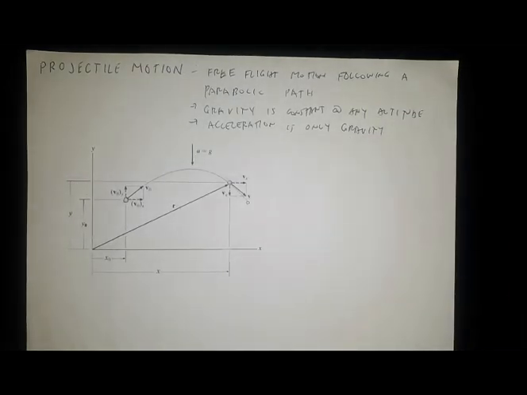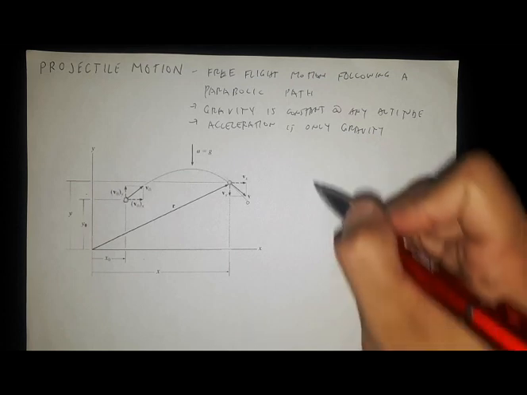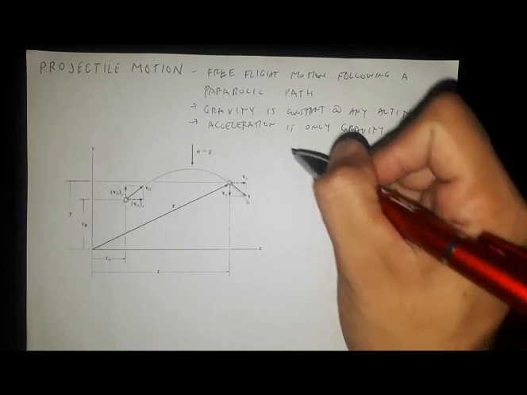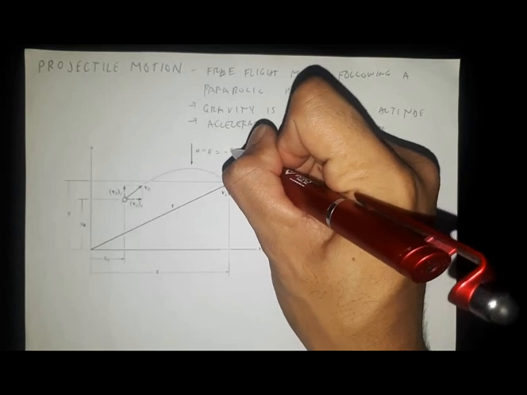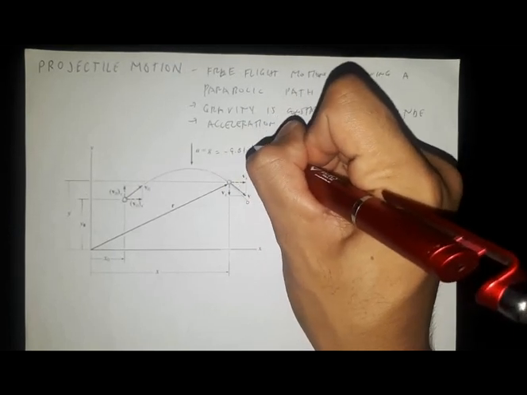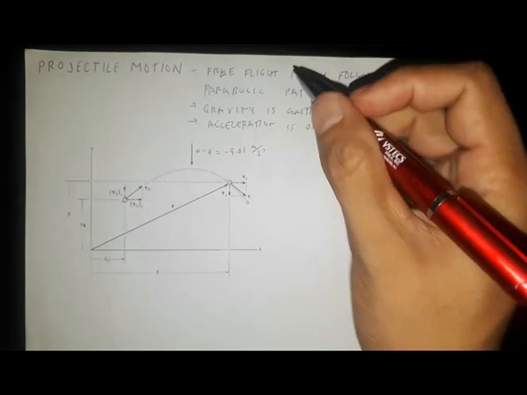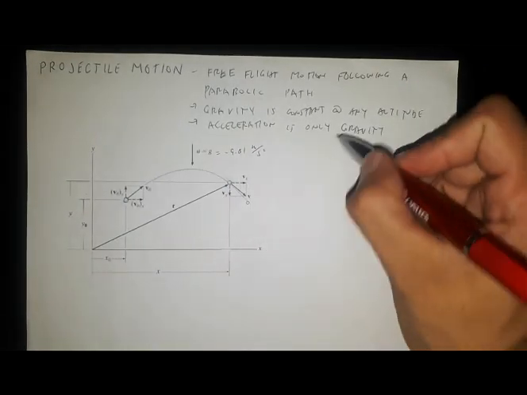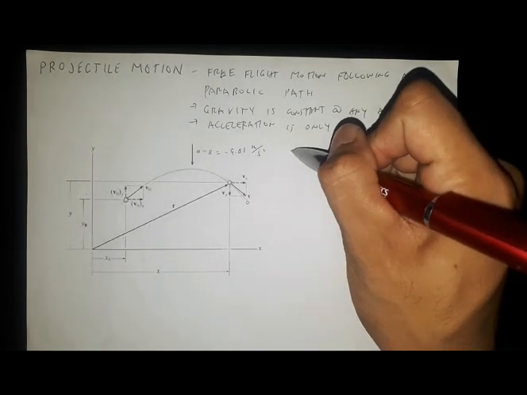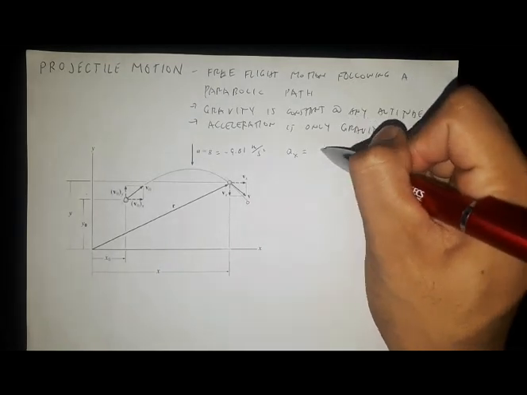So given that the only acceleration here is the gravity, which is equal to negative 9.81 meters per second squared, having downward direction, your horizontal acceleration is equal to 0.